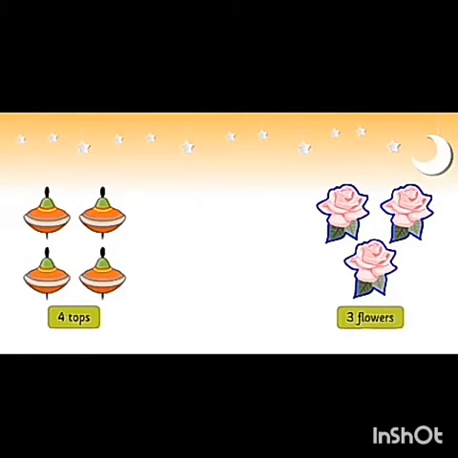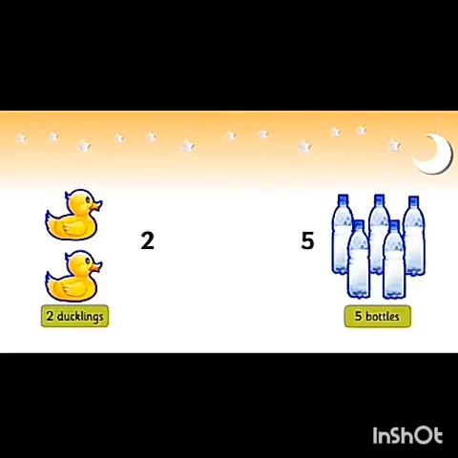See, what are these? There are four tops and there are three flowers. See, on the left side there are tops and on the right side there are flowers, right? The tops are more in quantity but the flowers are less in quantity. What are these?